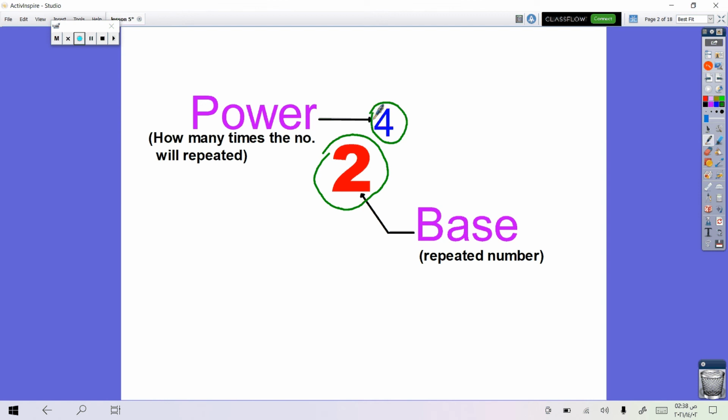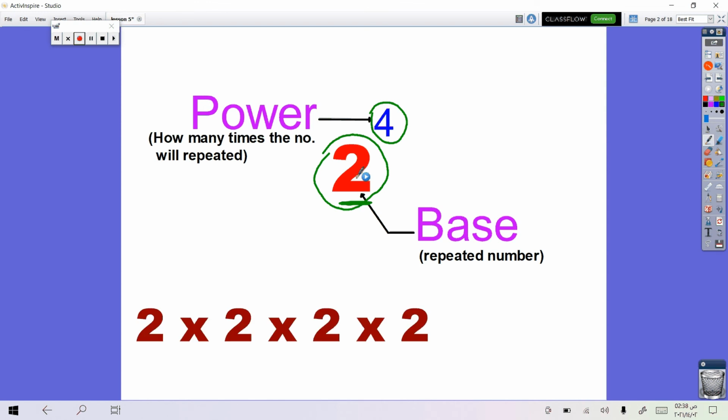So 2 to the power 4 or 2 to the 4th power means that we have to take number 2, which is the base, and multiply it by itself 4 times as 2 by 2 by 2 by 2.